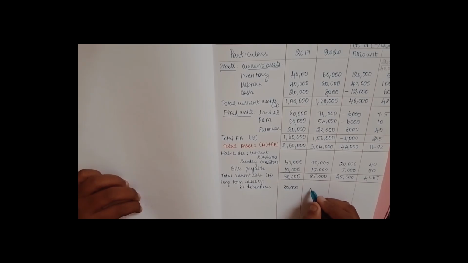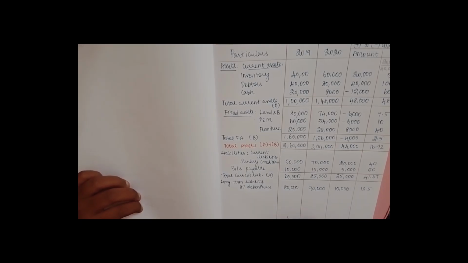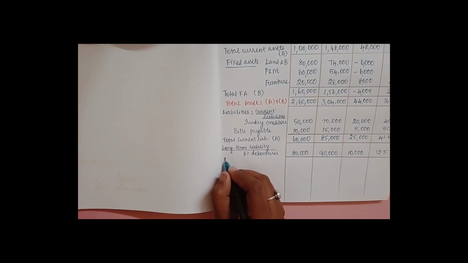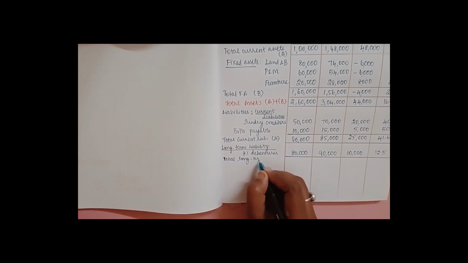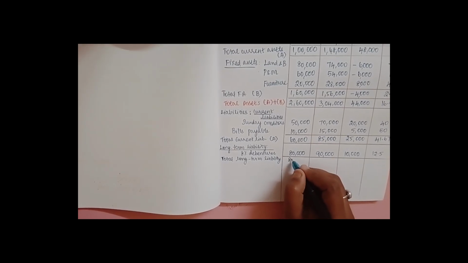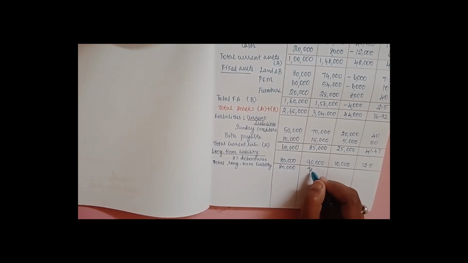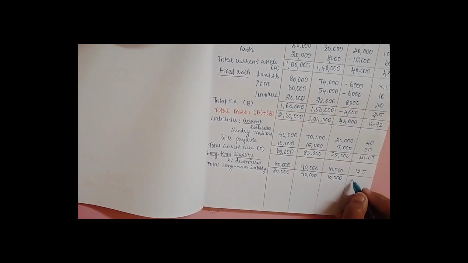In this year it is going to be 90,000. So it has increased by 10,000, with 12.5%. Since there is no other value, we can total this alone. Total long term liability is the same 80,000, 90,000 and 10,000 and 12.5%.